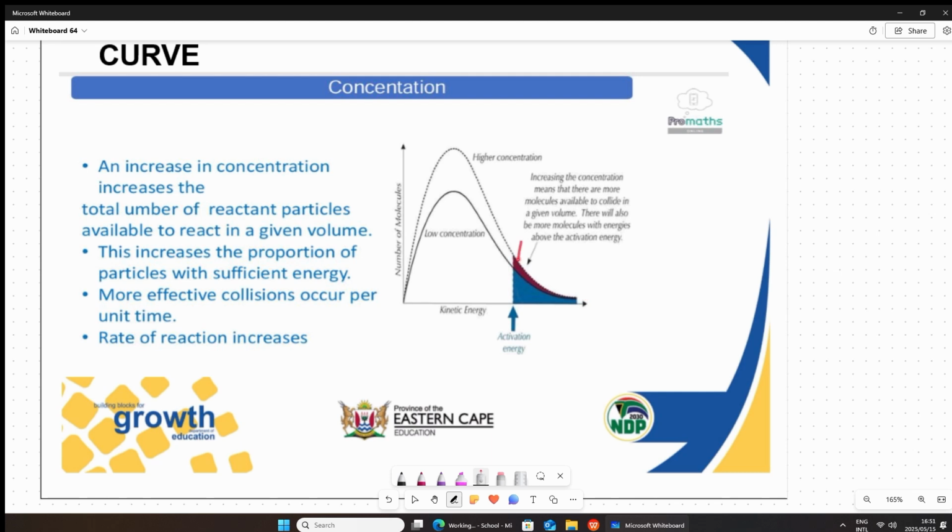Therefore, the area under the graph, which represents particles with kinetic energy equal to or greater than the activation energy, has increased. Therefore, an increase in concentration increases the number of particles with sufficient kinetic energy exposed per unit volume with correct orientation. Therefore, the rate of reaction increases.